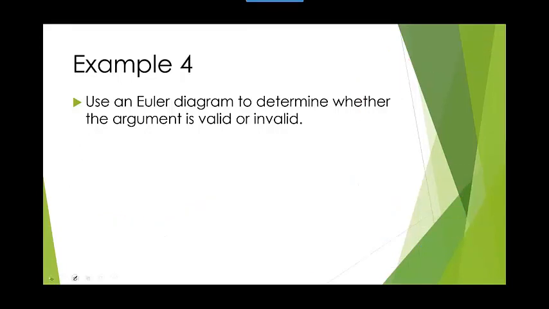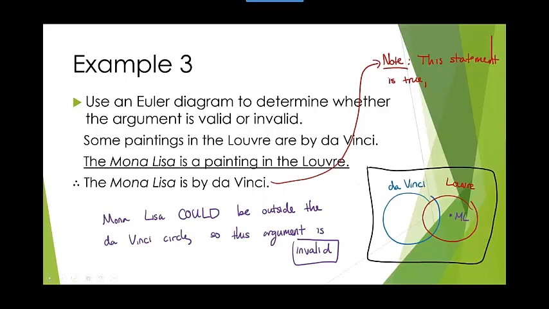This statement is true. Yes, the Mona Lisa is by Da Vinci, but the question is not asking whether the conclusion is true. It's asking, with the premises that we have, those first two sentences, can you conclude the Mona Lisa is by Da Vinci? And the answer is no. Those two premises are not enough.